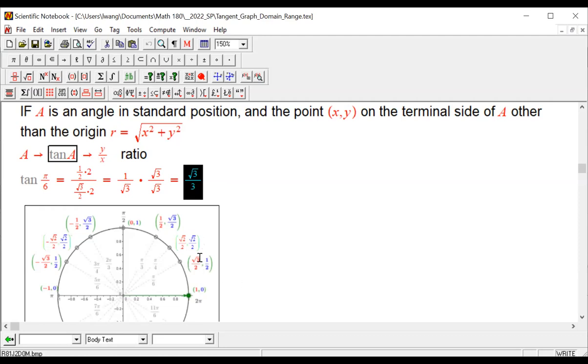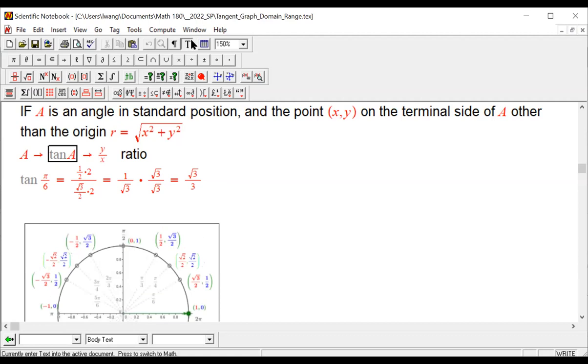We can do these for all of these points, but be careful. We're taking the blue number, divided by the red number. So at a point when the radian is 0, well, 0 divided by 1 is 0, right?